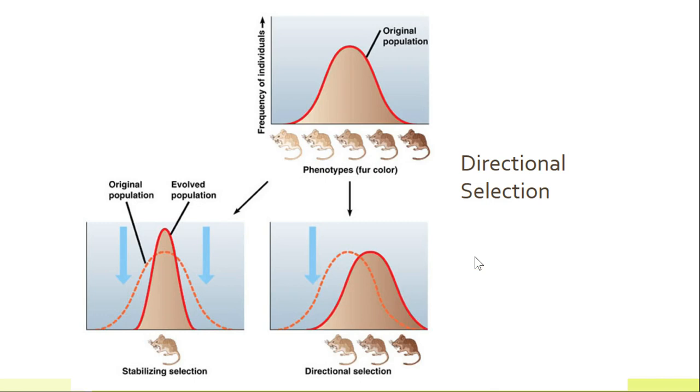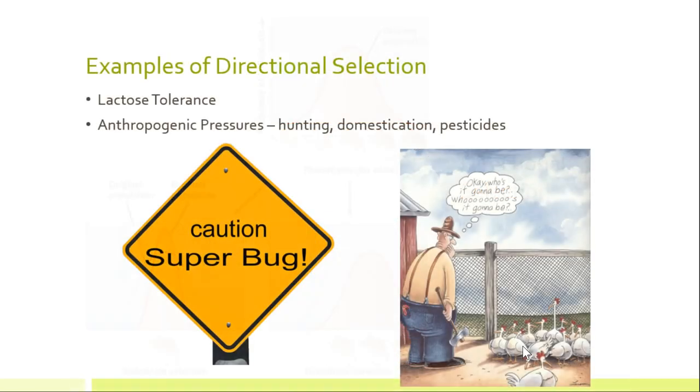So directional selection is shifting towards one end of the bell curve of the phenotype or the other. Okay, and so in this diagram we're shifting towards the dark mice, but we could have just as easily been shifting towards the blonde mice against the dark mice depending on the habitat. Okay, this is directional selection.